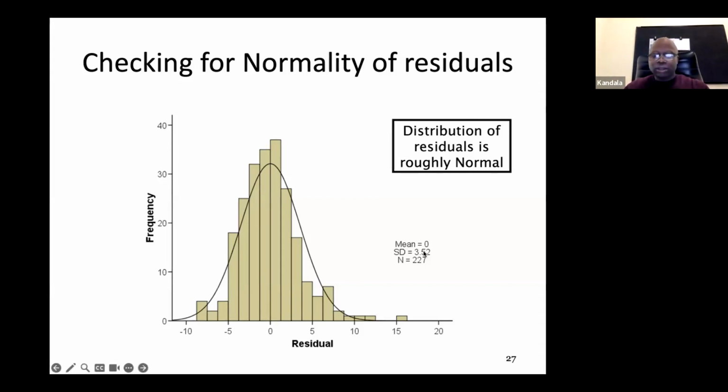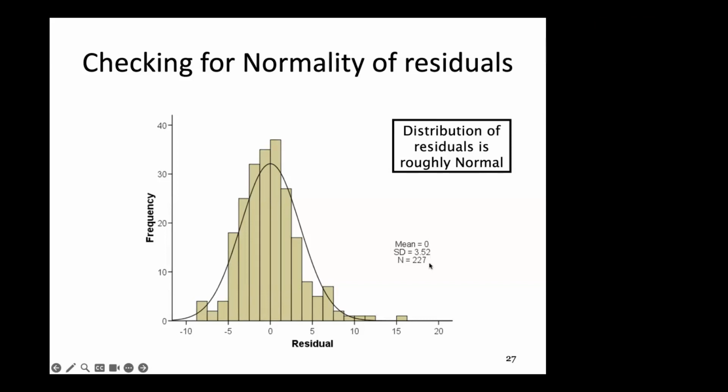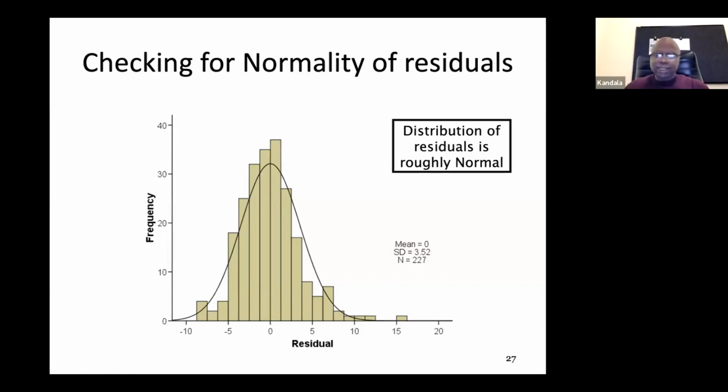This is how I check the normal assumption. As you can see here, the mean is 0 with constant variance, and this is clear to explain.